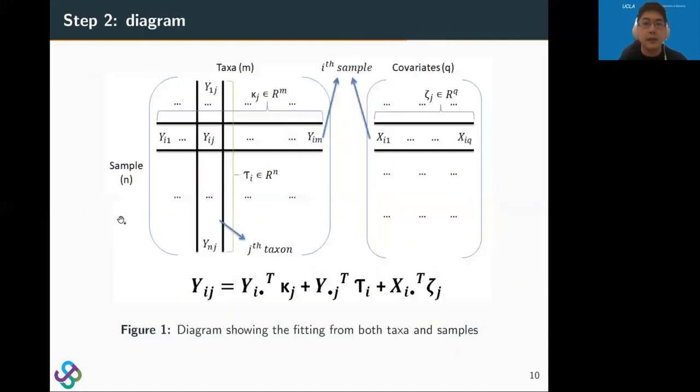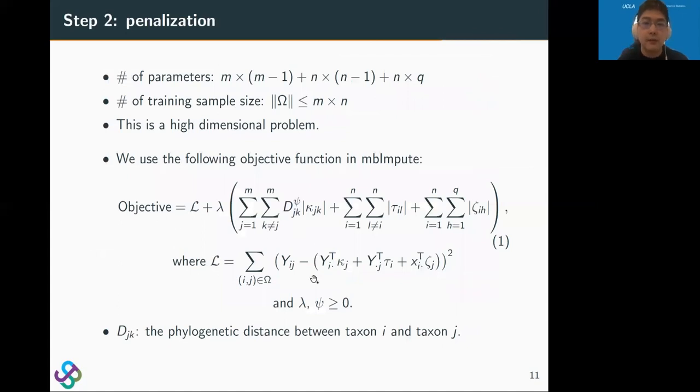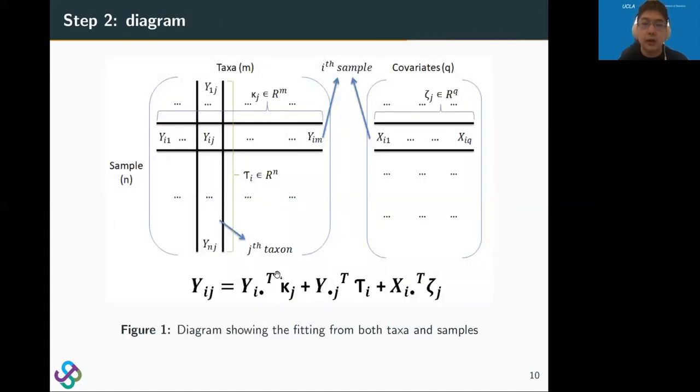So basically this objective is to train those kappa j, tau i, and zeta j. And then for the counts we want to impute, we will use these trained parameters to get a value for that.